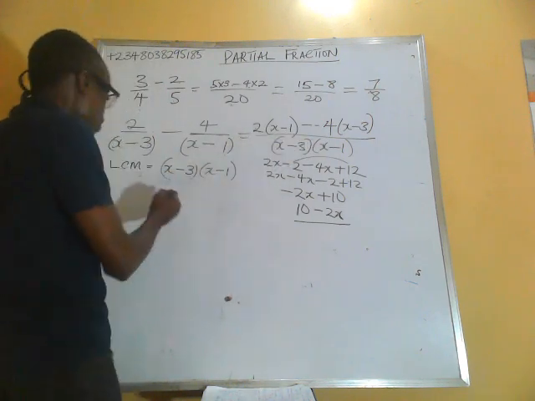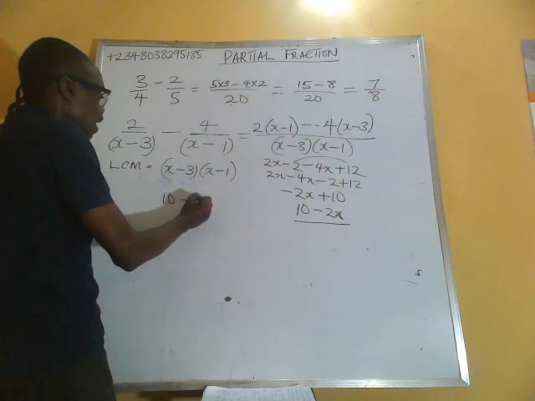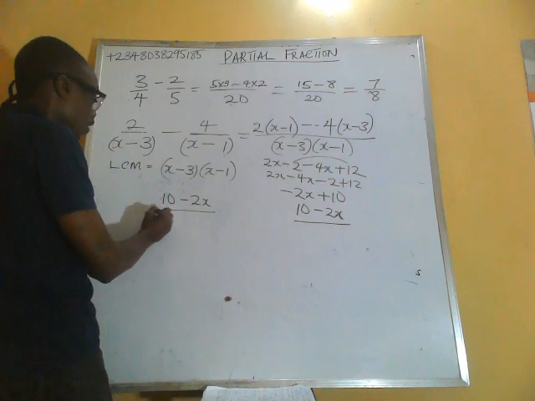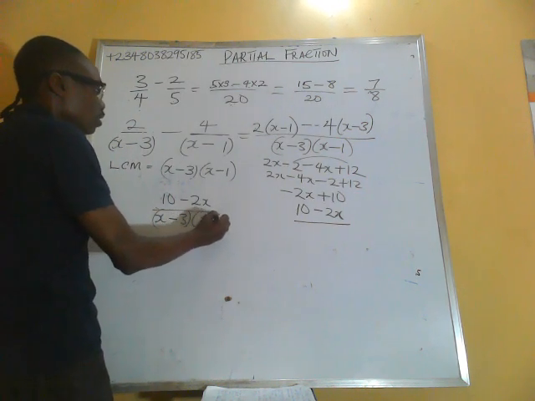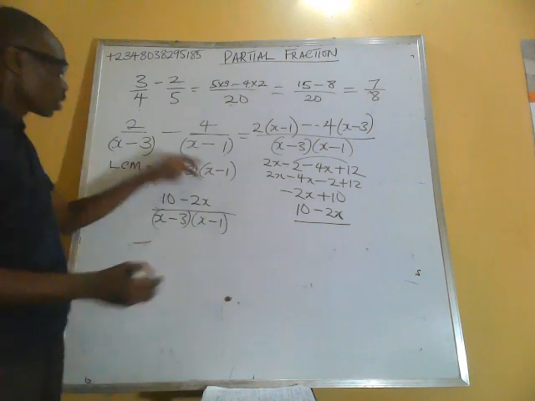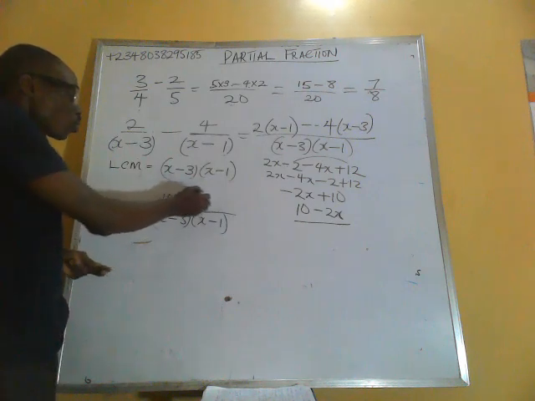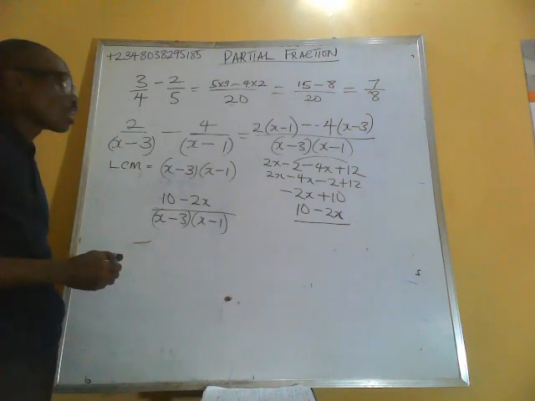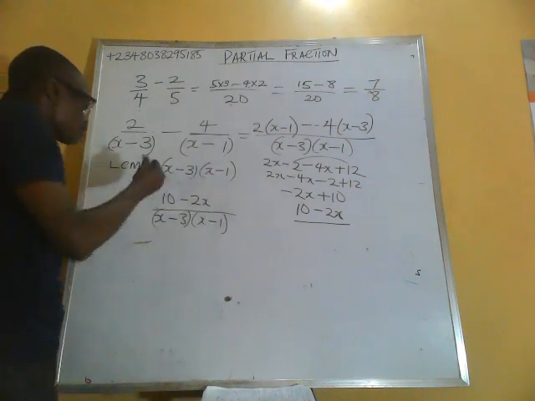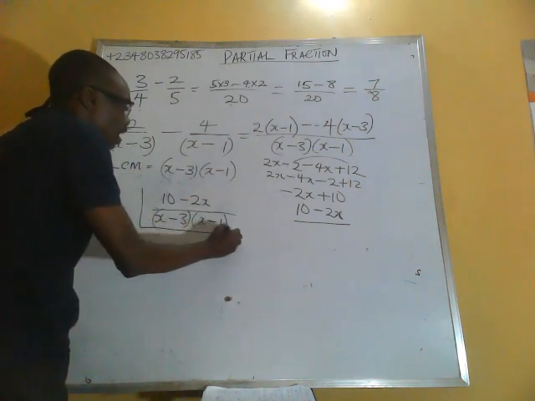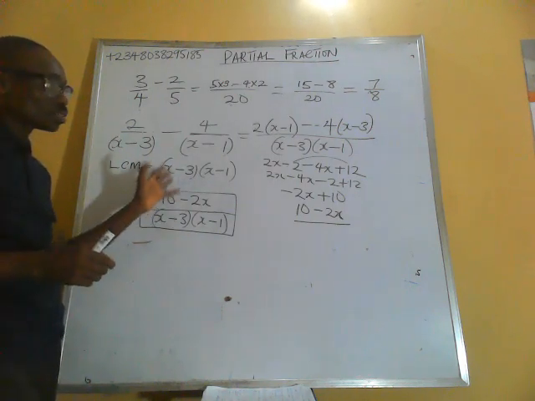We have 10 minus 2x all over x minus 3, x minus 1. So this is the solution. If you are asked to simplify this, this is what you get at the end of the day. You started from the LCM and walked all the way till you finally arrived at this. Very easy to solve.